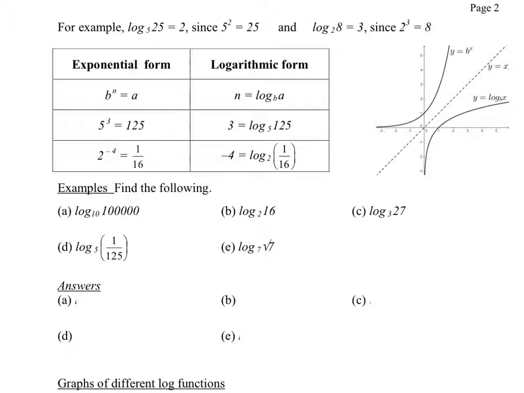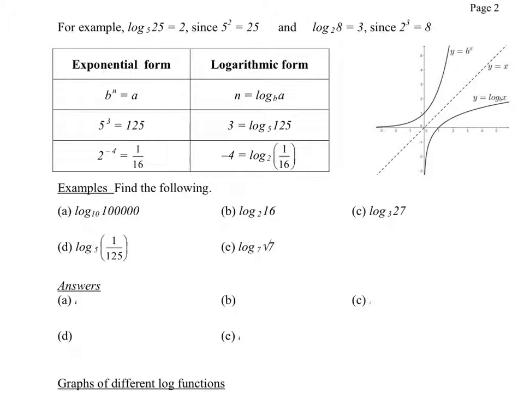In this one, log base 2 of a 16th is equal to minus 4. So if someone asked you what log base 10 of 100,000 was, think to yourself, 10 to the power of what gives me 100,000? I want to allow you to try these 5 questions just now. So pause the video and then play again once you've tried to answer these 5 questions.